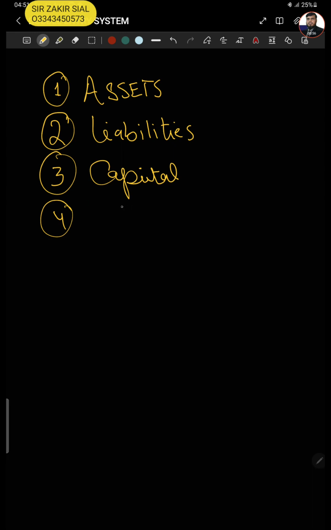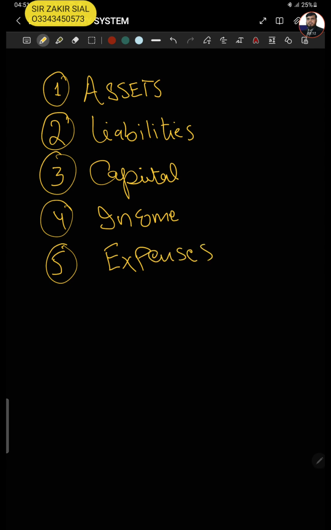Number four, income. Number five, expenses. Number six, drawings. Now we discuss one by one in detail.